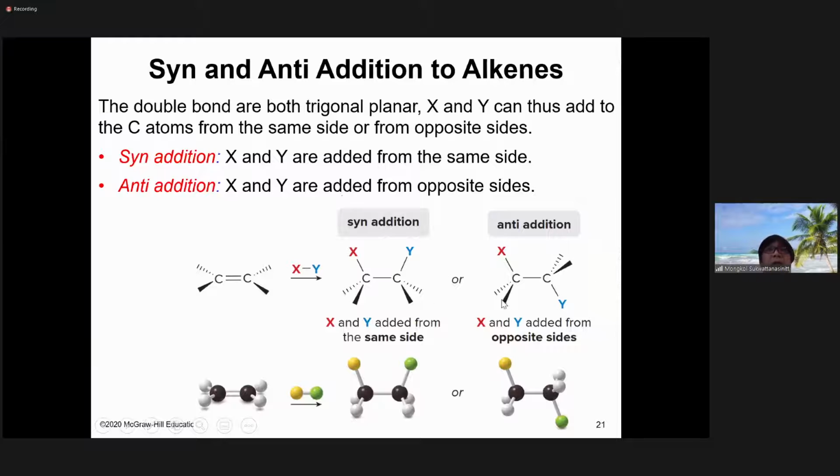This will affect the stereochemistry outcome of the products, as you will see, and you have to understand and memorize which reactions perform syn addition and which perform anti-addition.